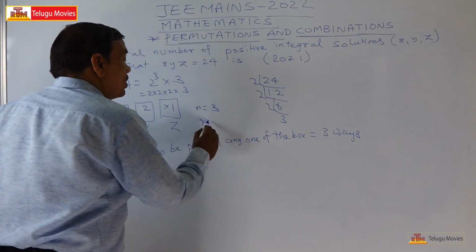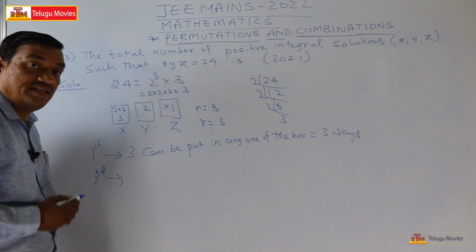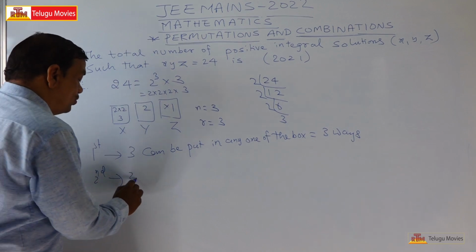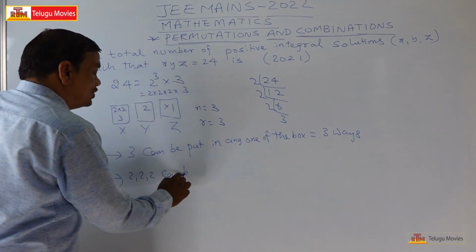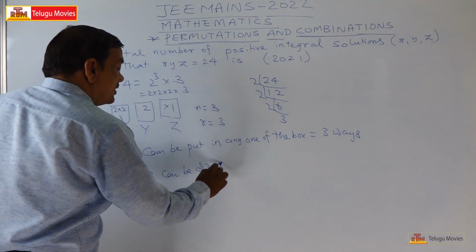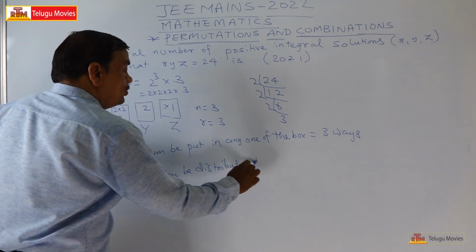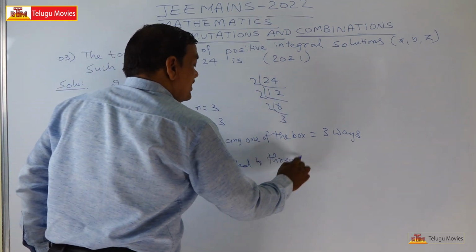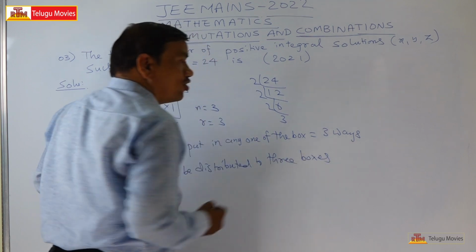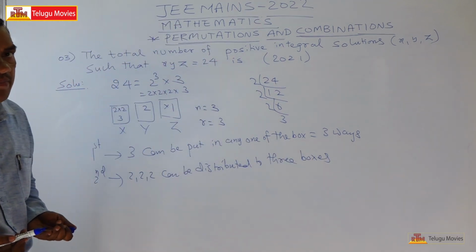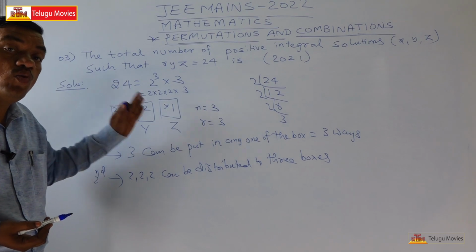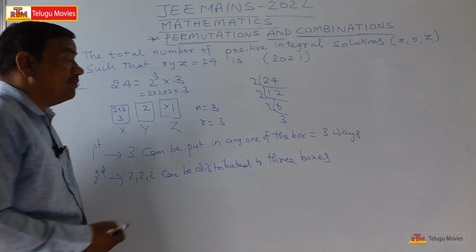So r is equal to 3. That means 2, 2, 2 can be distributed to 3 boxes, so that any one of the boxes may be empty.